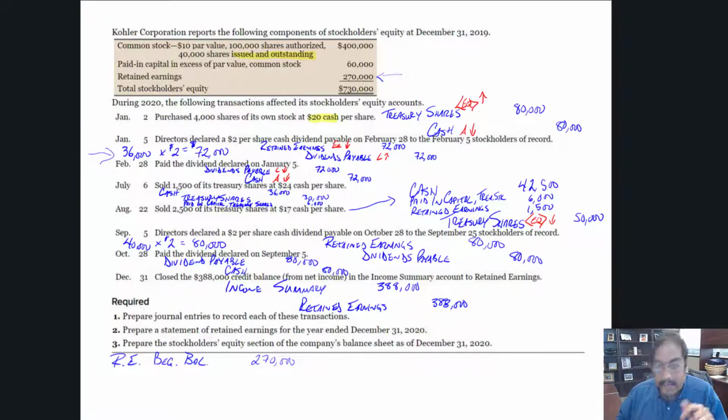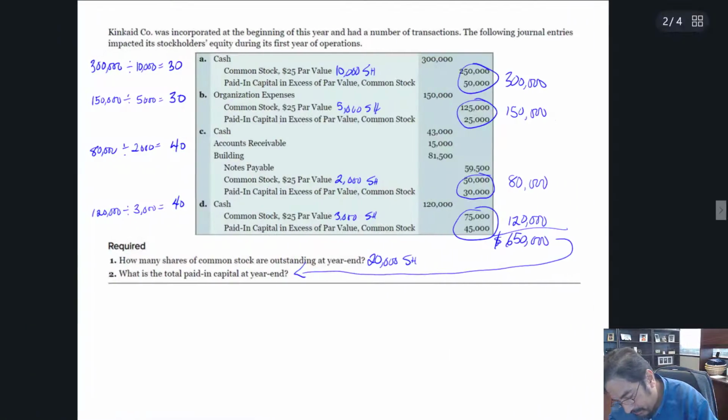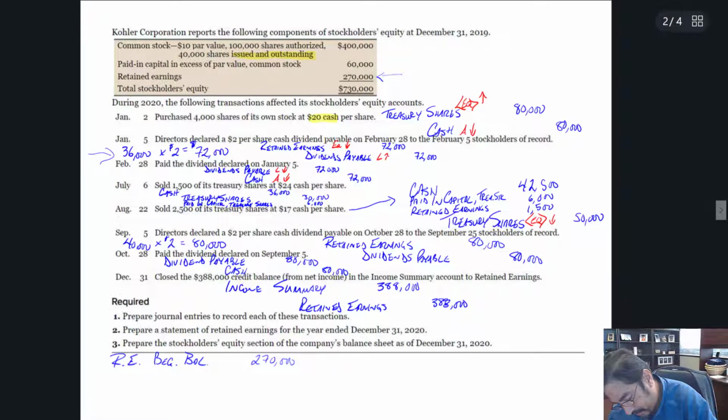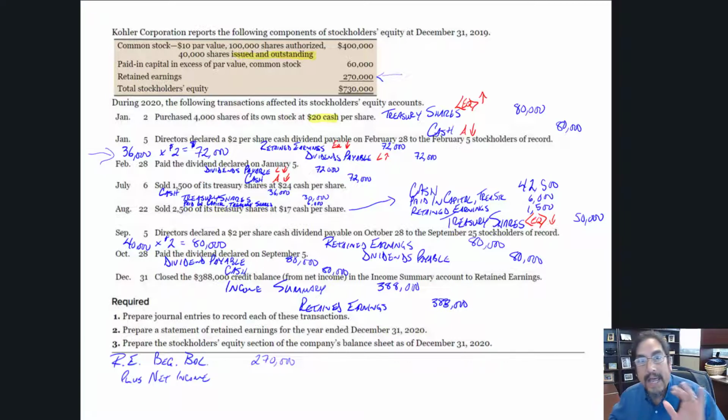Plus our net income. And that was that last transaction that seems like it didn't fit with the rest of them. That was our net income.